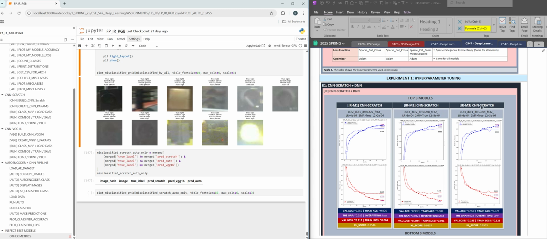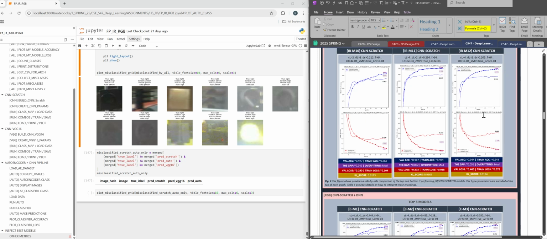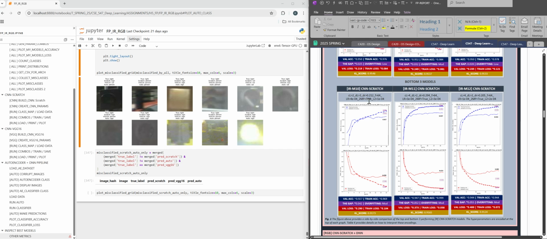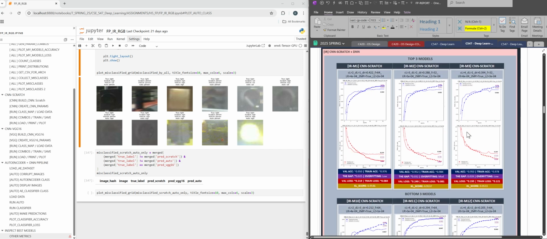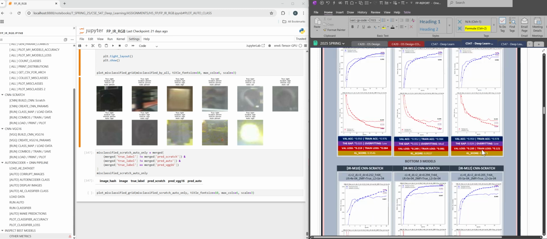The dropout rates for our top models tended to hover around these middle ranges. Of course, the bottom models tended to have similar dropout rates. So it's hard to really isolate one hyperparameter over another. It seems more about how they all work together.